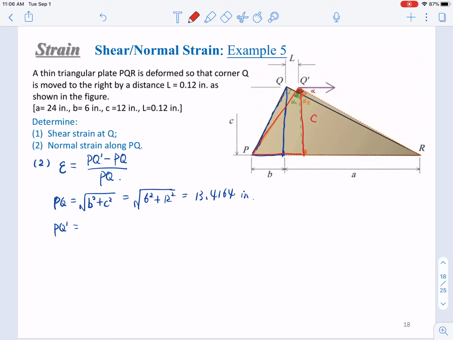We know here is C and here is B plus L. So this can be solved from the square root of B plus L squared plus C squared. Here it will be 6 plus 0.12 squared plus 12 squared. So you will get 13.4705 inch.